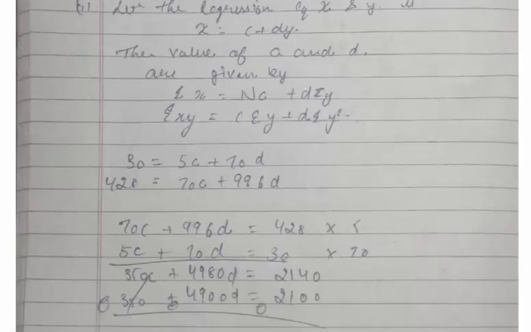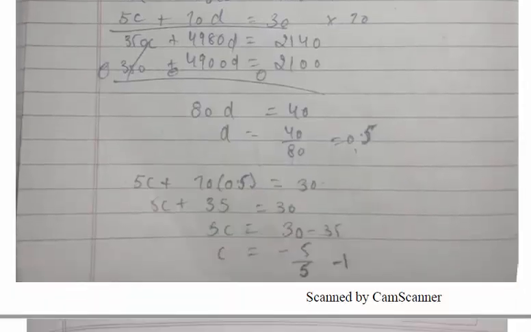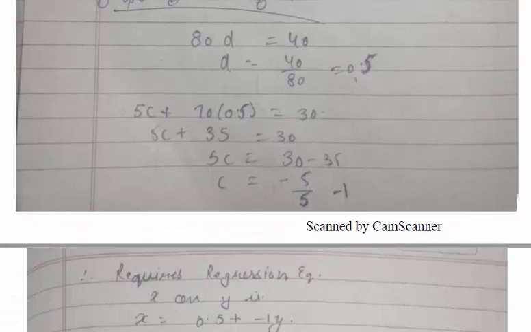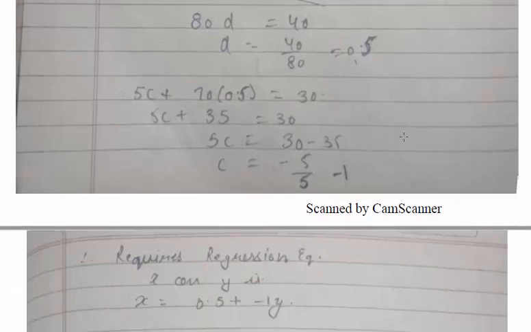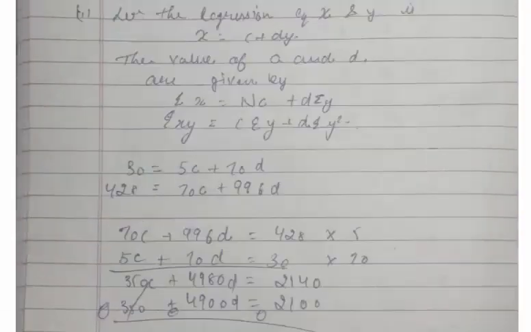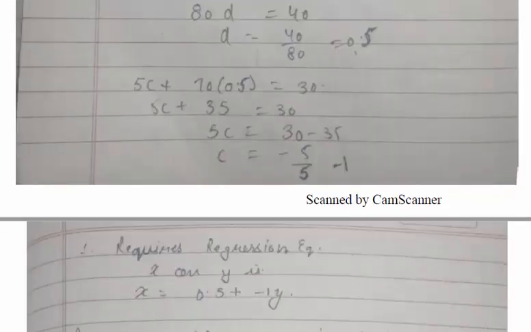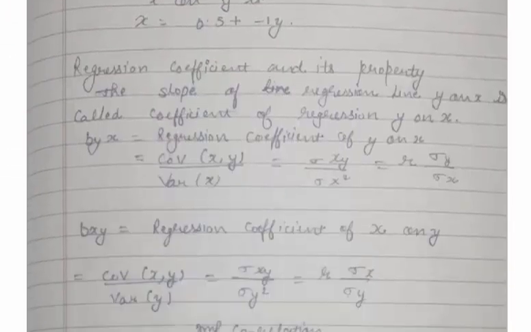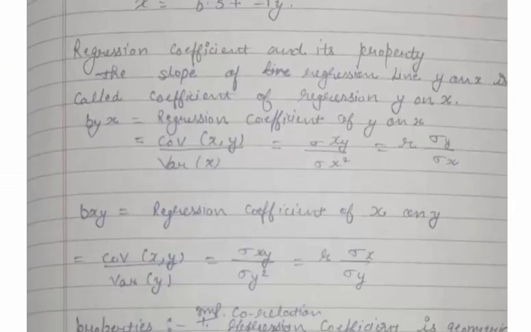And after putting all these values, after simplification, we get the value of c is -1 and value of d is 0.5. So after substituting the values of c and d here, we get our required regression equation.